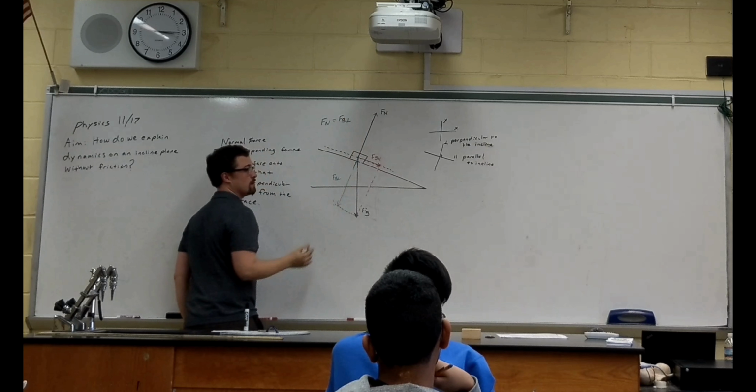And if that's true, since there's nobody balancing him out, the acceleration down the incline is going to come from our net force, the unbalanced force, divided by the mass. The mass is easy. Which force is unbalanced in our diagram?